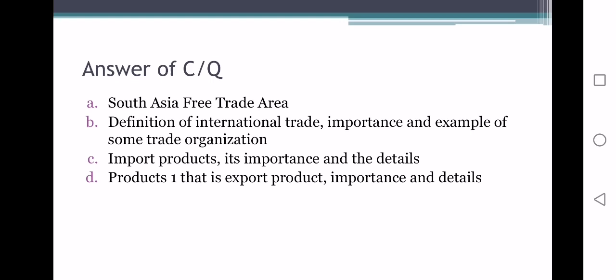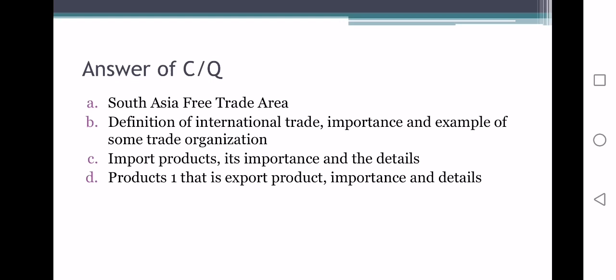So the answer will be import products. Then you have to write its importance and details. You will find the importance and details in the import products of Bangladesh in lesson 3. Please read that lesson very clearly and carefully for answering these questions.